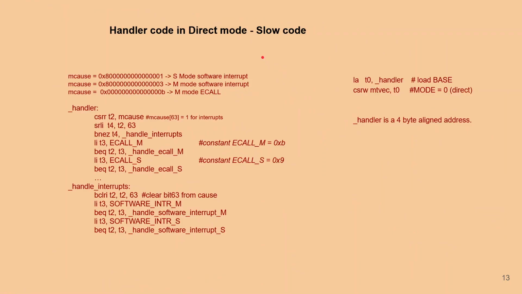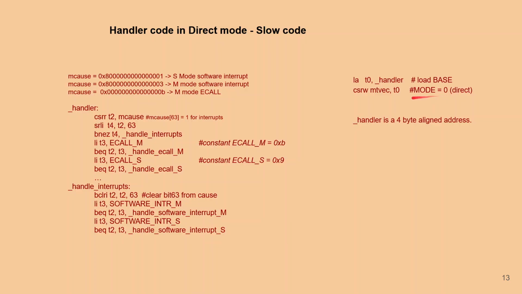Here is an example of a possible handler implementation when the mtvec is in direct addressing mode. We can see here that the base address of the handler has been written into the mtvec CSR. Notice that the mode bits are 0, which indicates that the mtvec addressing mode is direct.